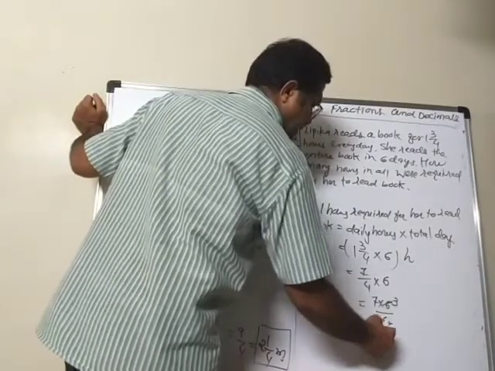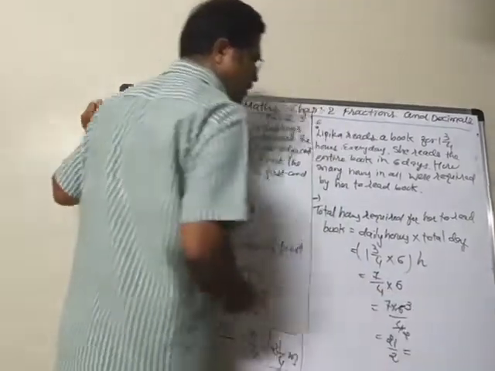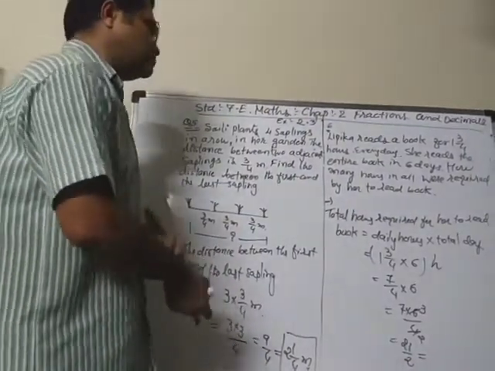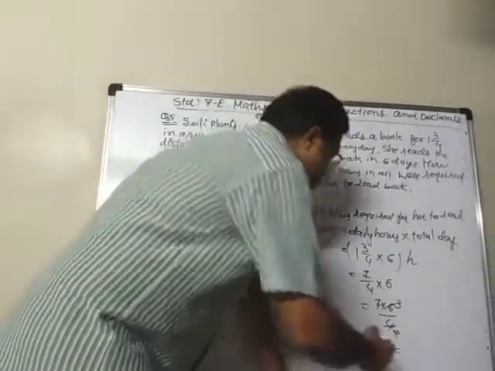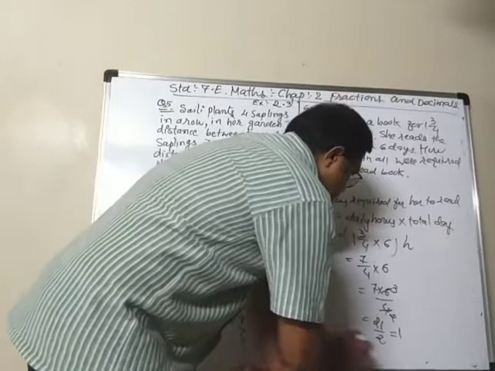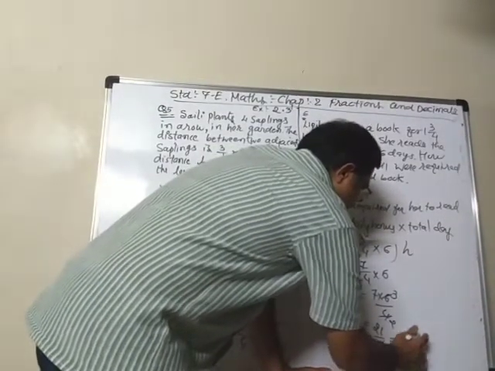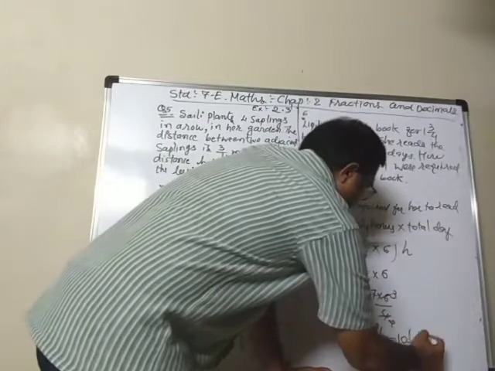So 7 3s are 21 upon 2. Now we must convert it into a mixed fraction. So 2 tens are 20, remainder 1, and 0.5, or you can say 10 integer 1 upon 2 hours.